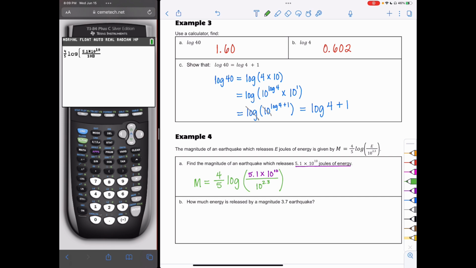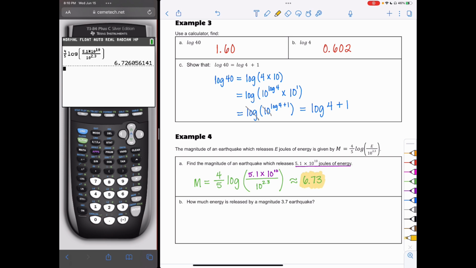And then in the denominator, I'm going to put 10 to the power of 2.3 and close my parenthesis on the end. When I do that and press enter, I will end up getting that my answer is approximately 6.73. That is going to be the magnitude of the earthquake.